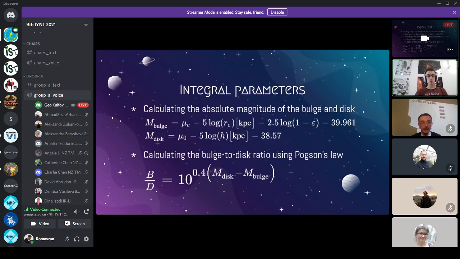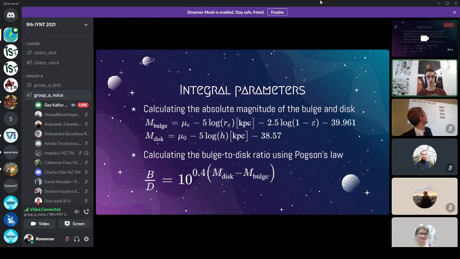We then calculated the integral parameters of the galaxy, such as the absolute magnitude of the bulge and the absolute magnitude of the disk, using the relevant parameters we obtained before, where we used the effective radius, which is the radius that encompasses 1/2 of the brightness.